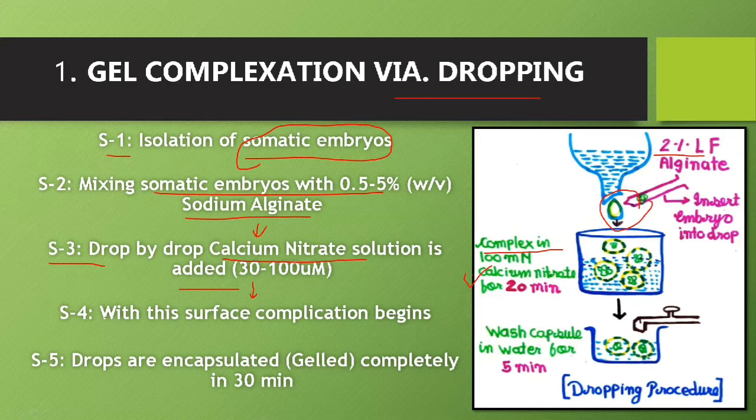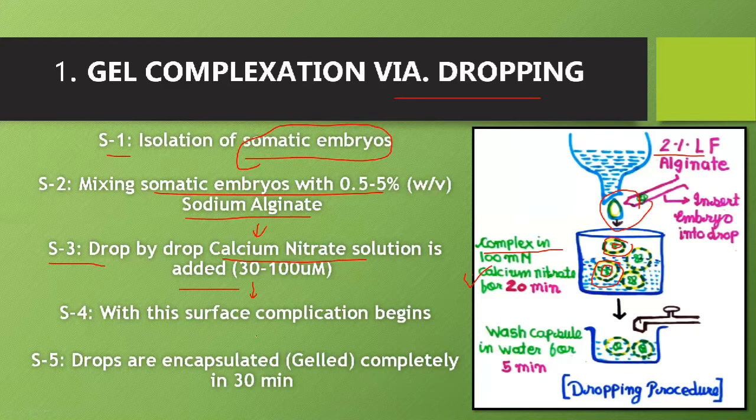Then surface complexion begins around the somatic embryos. So here are the somatic embryos, and here is the surface complexion formed due to calcium nitrate and sodium alginate.